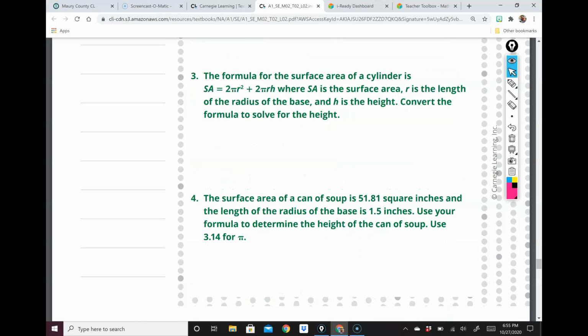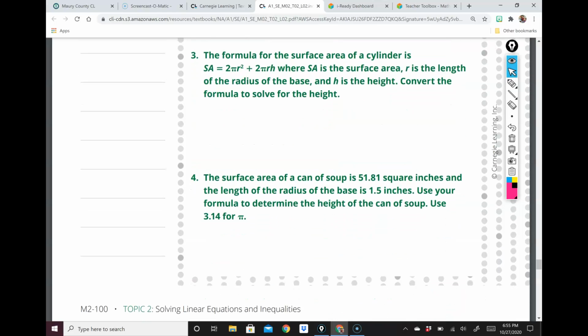Number 3, the formula for surface area of a cylinder is given, where SA is the surface area, R is the length of the radius, and H is the height. Convert the formula to solve for the height.